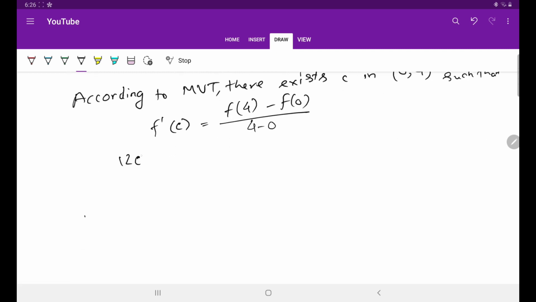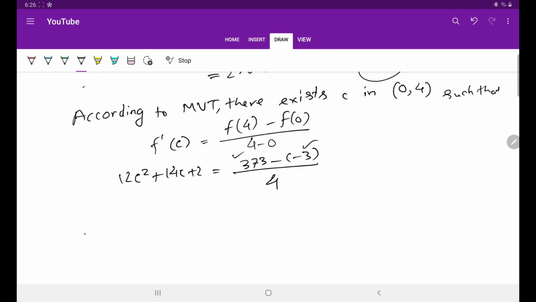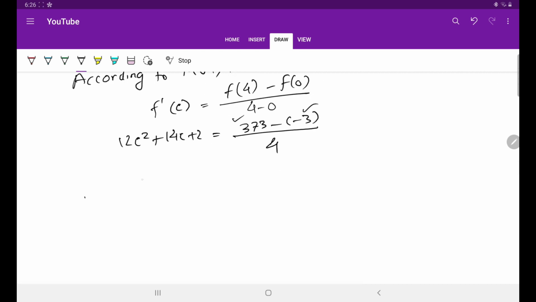So 12c squared plus 14c plus 2 equals (373 minus (minus 3)) over 4. So this one is this and this one is this, right? We just plugged in here. Then 6c squared plus 7c plus 1. I actually have a 2 here, so I better put it here, so times 2.